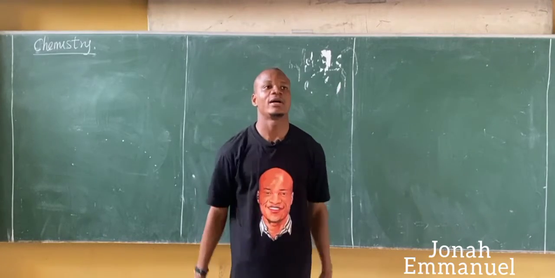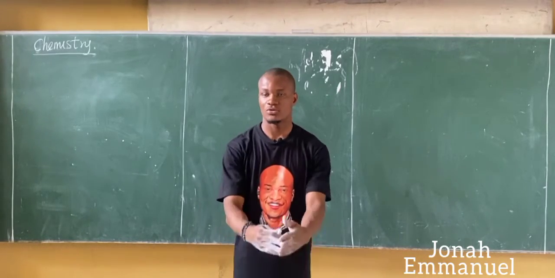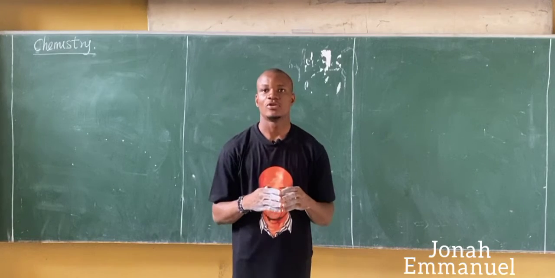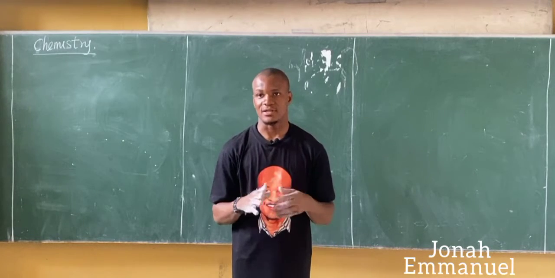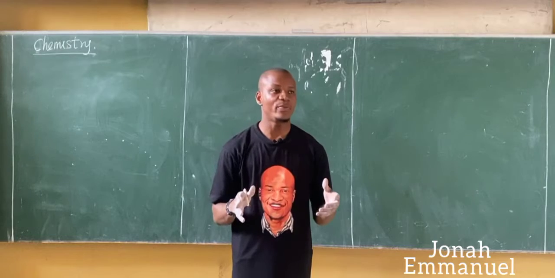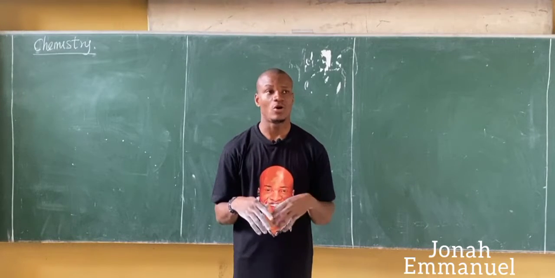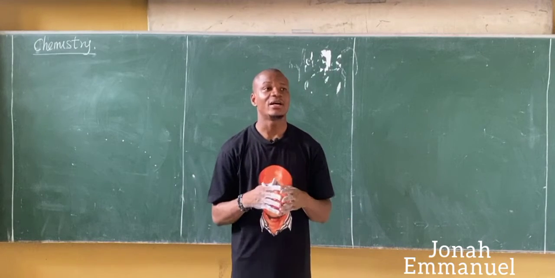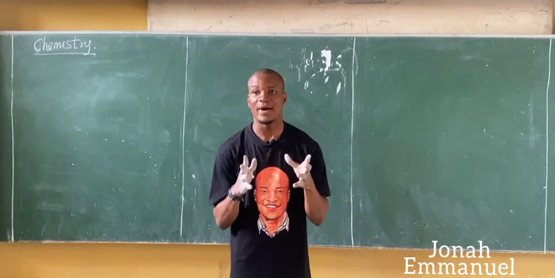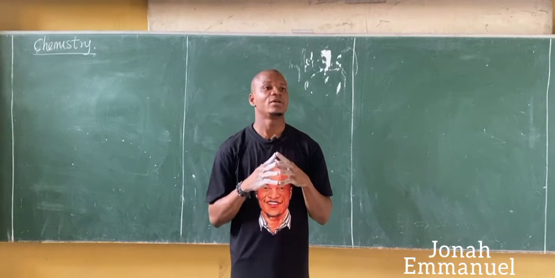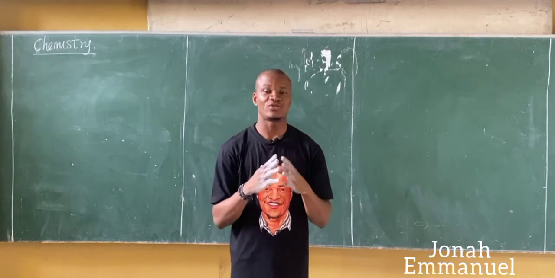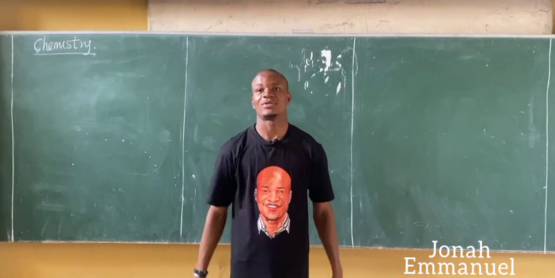So, in the last class, we were looking at how to write the correct formulas of compounds using the concept of valency. I said two elements, or an element and a radical, or two radicals, whichever one, can only combine if they have opposite charges, because opposite charges attract.